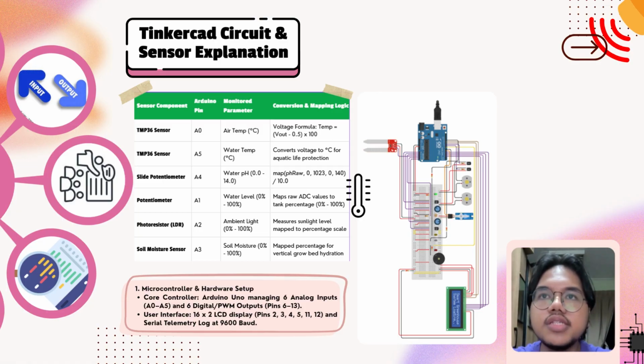For the sensors, we have the MP36 sensor to monitor air temperature and also water temperature, the potentiometer for water pH level and water level, a photoresistor LDR to measure sunlight level, and also a soil moisture sensor to map the percentage of vertical grow bed hydration.